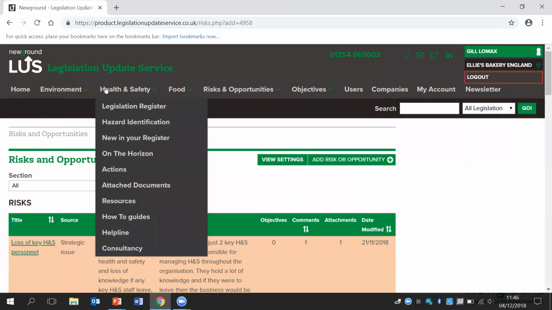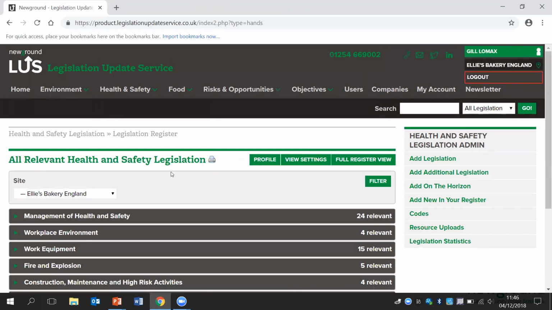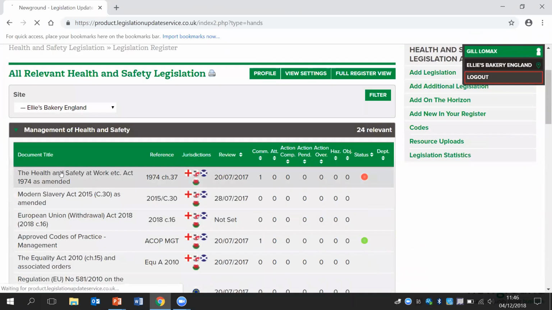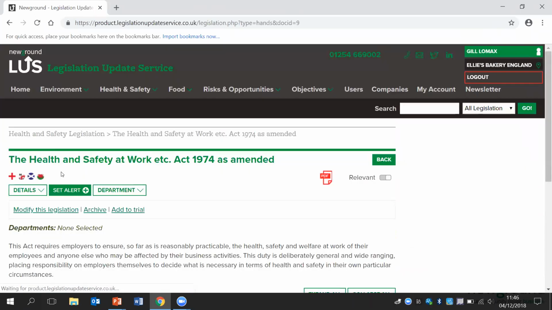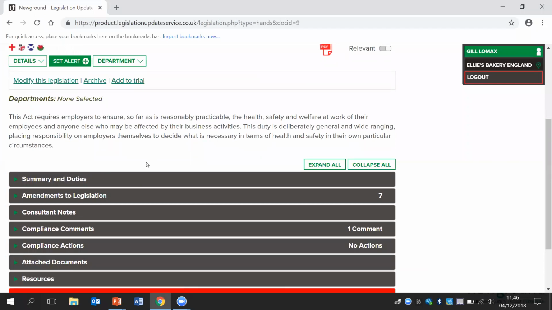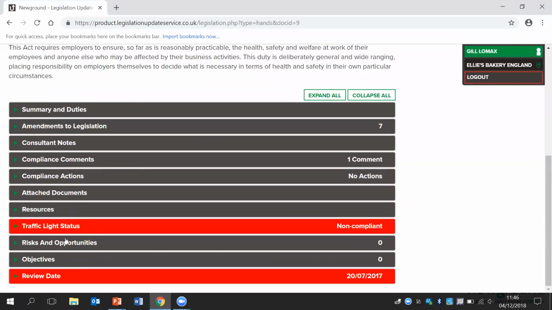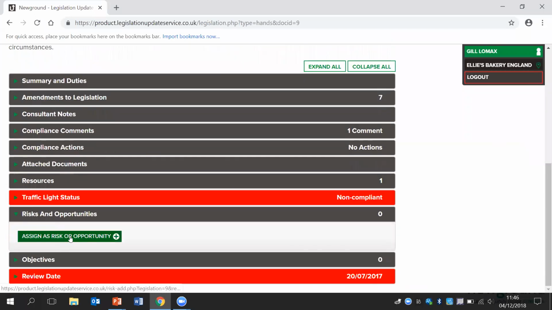You can also go into your actual safety legal register and add risks and opportunities from there. So if I just quickly take you into, we'll choose the Health and Safety at Work Act here. And for every piece of law, you have the ability here at the bottom under each summary to add in and assign a risk or opportunity from your legal register.